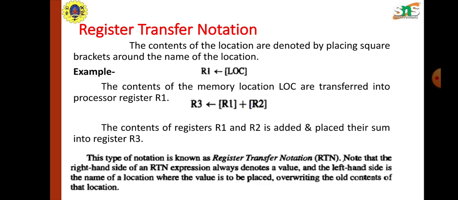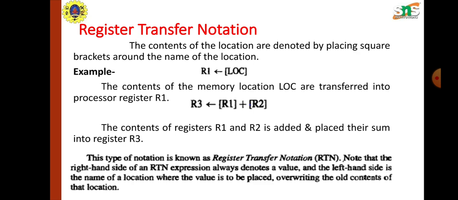Register transfer notation: the contents of the location that we want to transfer the data to and from are denoted by placing the address within square brackets around the location address.